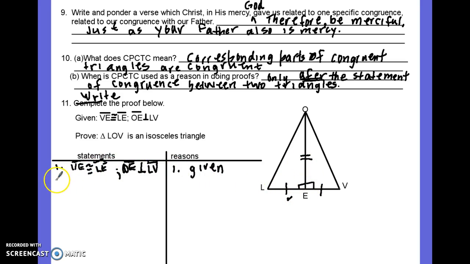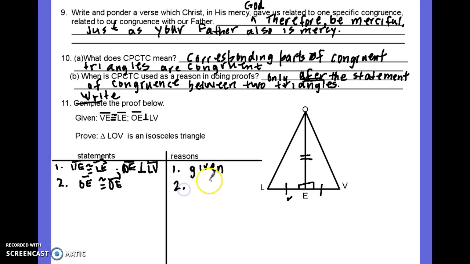So let's see what else I can do. In the footprints of the mark right here, I can write that segment OE is congruent to segment OE. Reason?